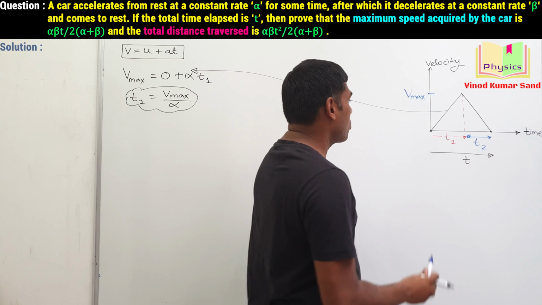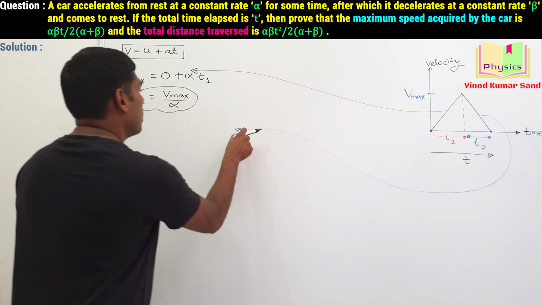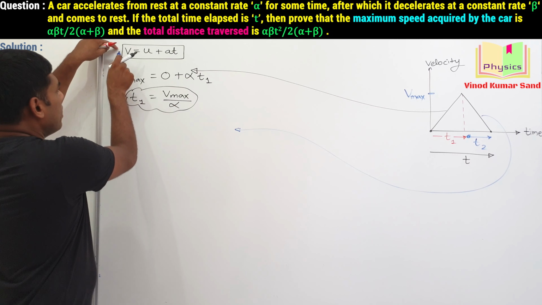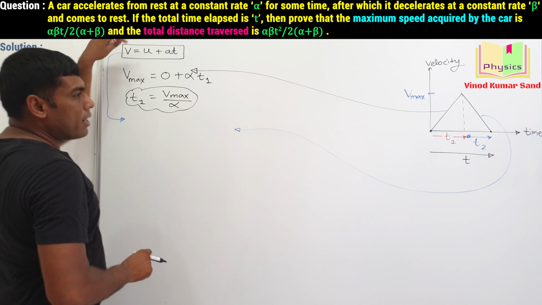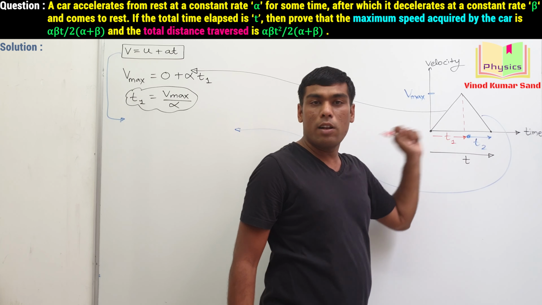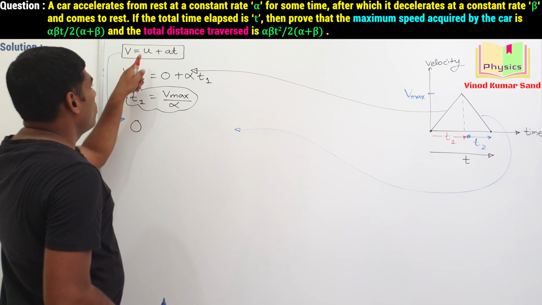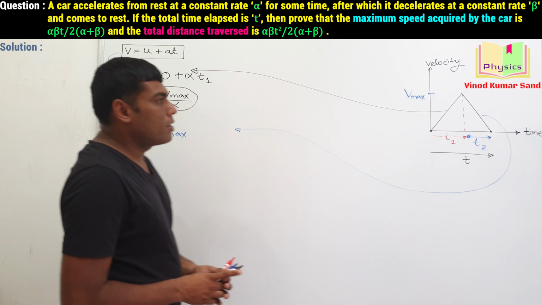Now the car slows down. For this interval also we will be using the first equation of motion again. What is the final velocity at the end of this interval t2? The final velocity is 0, so let us write 0. What is the initial velocity? It is v max for this interval. And how much is the acceleration?